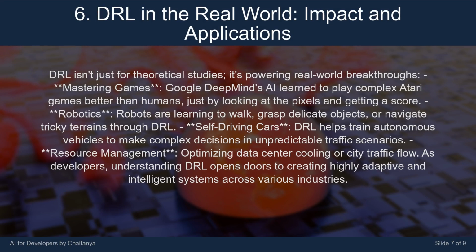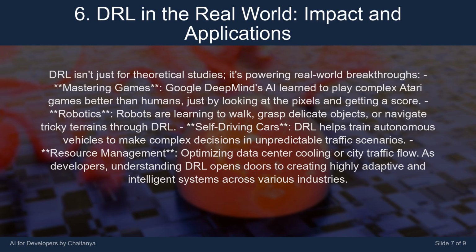DRL isn't just for theoretical studies. It's powering real-world breakthroughs. Mastering games: Google DeepMind's AI learned to play complex Atari games better than humans, just by looking at the pixels and getting a score. Robotics: robots are learning to walk, grasp delicate objects, or navigate tricky terrains through DRL.